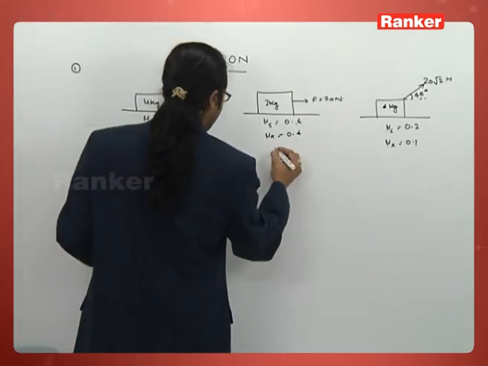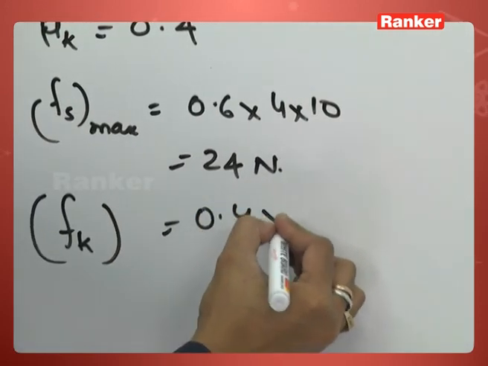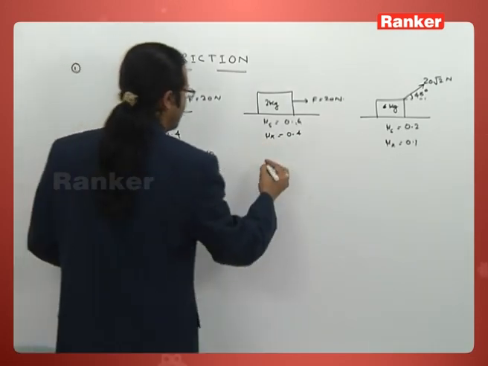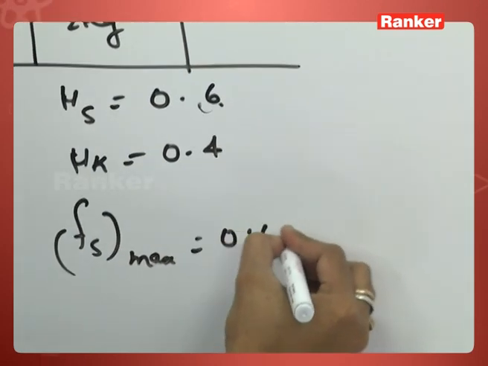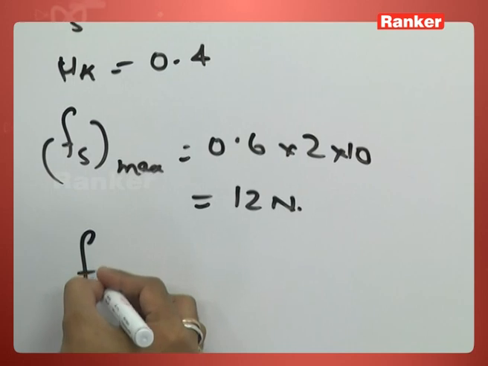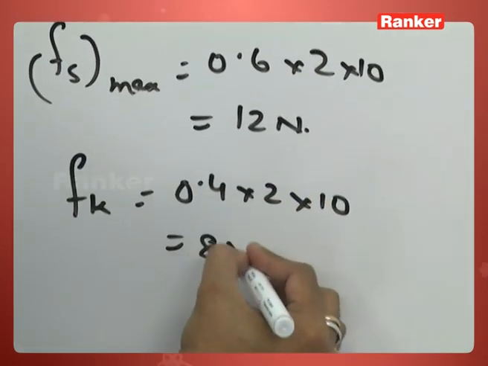Fk is 0.4 into 4 into 10, that is 16. Here also Fs max is 0.6 into 2 into 10, that is 12. Fk is 0.4 into 2 into 10, that is 8 Newton.